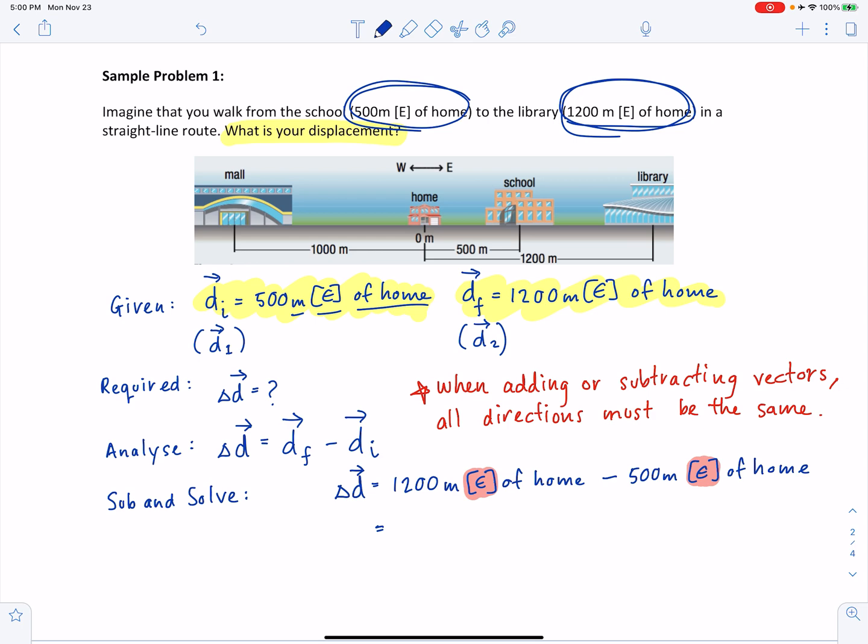If you punch that into your calculator, you should get delta D is equal to 700 meters east. Note, when you find the displacement, you need the measurement, the unit, and the direction. There's no need to put in the reference point when you're talking about the displacement.